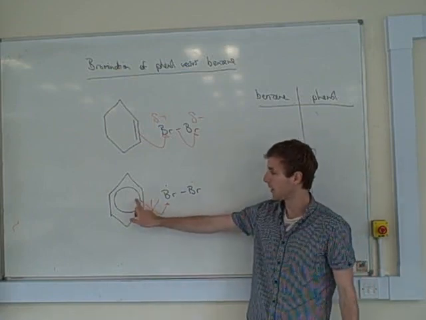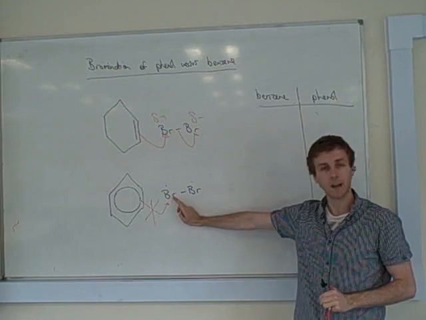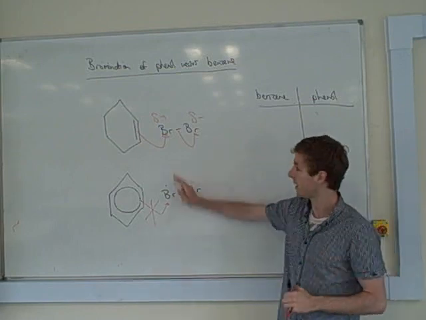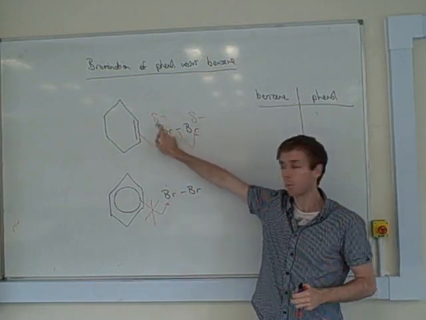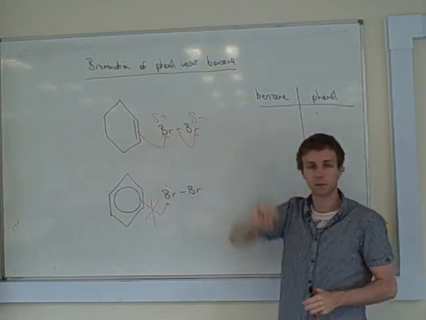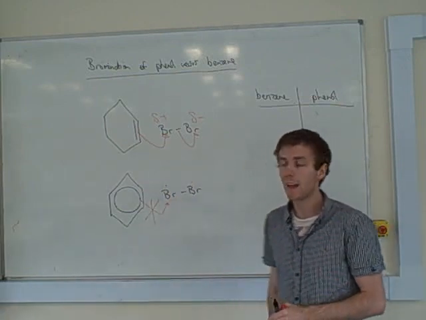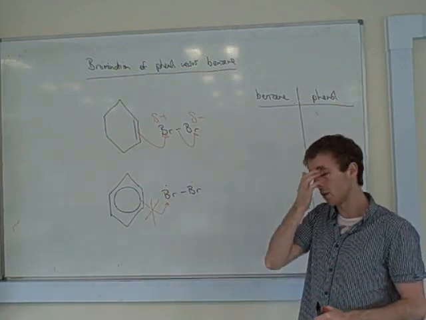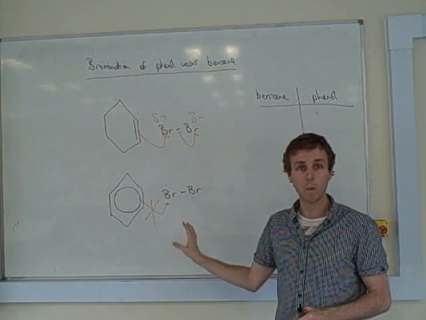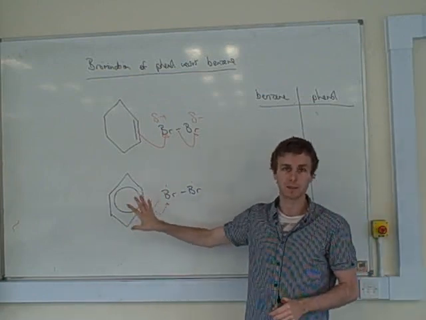The electrons here will not be attracted to this bromine sufficiently to start the reaction, whereas here, because we have a positive dipole, the electrons are sufficiently attracted, and that's what starts the reaction off. So the key thing to remember is that the reason benzene does not brominate easily is because benzene has a low electron density.